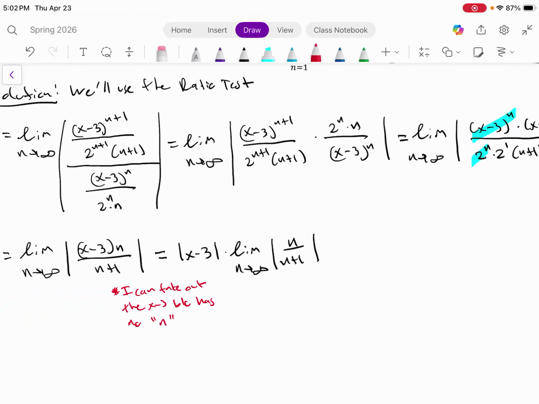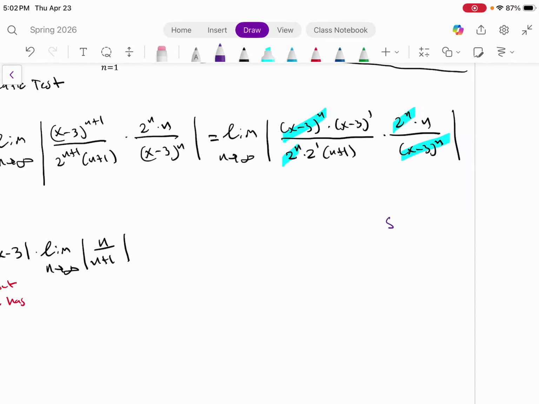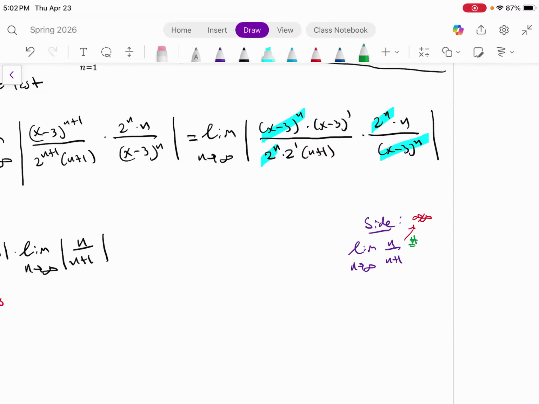And so, we could go off to the side here and say what that limit would look like. So the limit as n goes to infinity of n over n plus 1. Well, if we plug in infinity here, we get infinity over infinity, right? And so we can use our friend L'Hopital's, take a derivative of the top and bottom, and we get 1 over 1. So the limit is just 1.